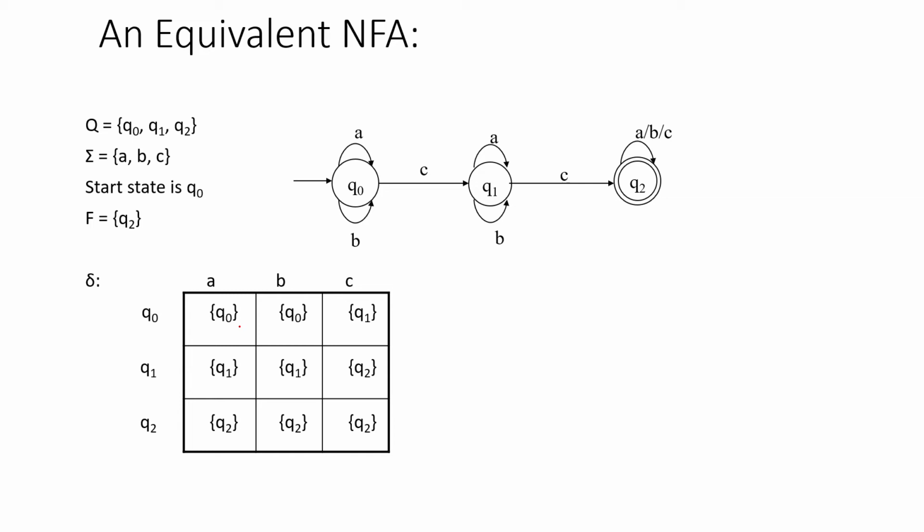And since in this particular state diagram there are no cases where we have a possibility to go to more than one state for the same input from a particular state, that's why in every subset you will find only one state, not more than one, not even 5.